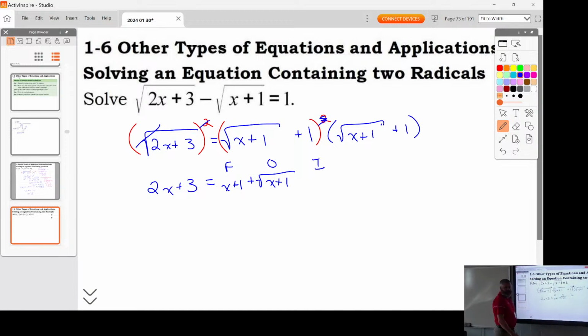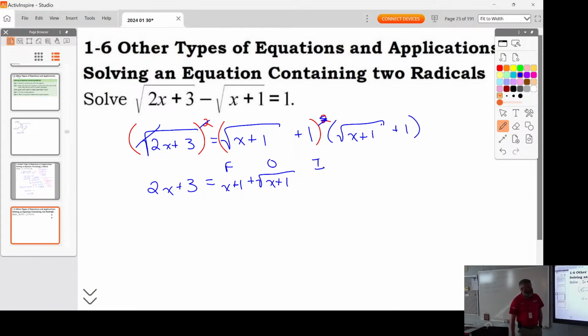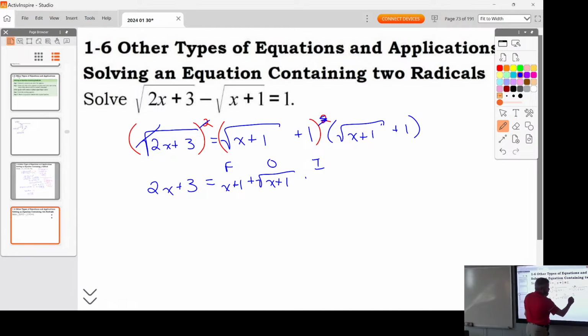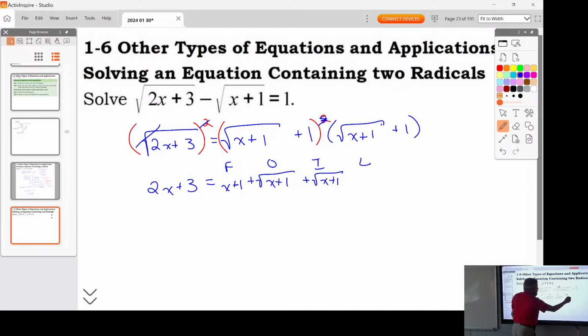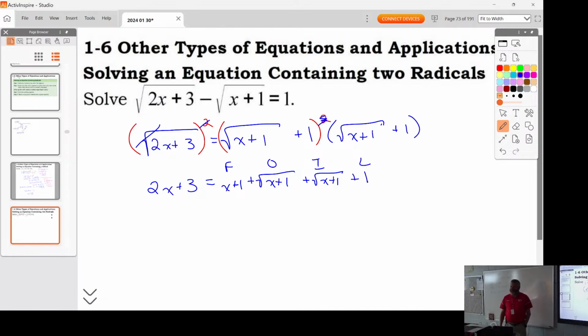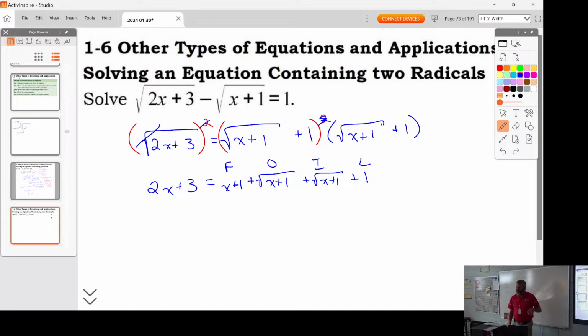Inside times inside. 1 times the square root of x plus 1 is just the square root of x plus 1. And last times last, hopefully y'all can get that one. 1 times 1. Y'all good with that? Okay.